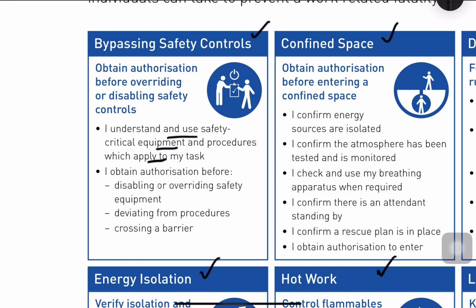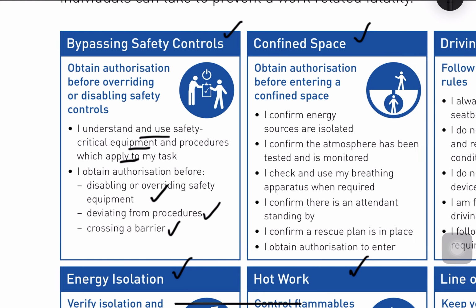Do I obtain authorization before disabling or overriding safety equipment? Do I obtain authorization before deviating from the procedure or crossing a barrier?